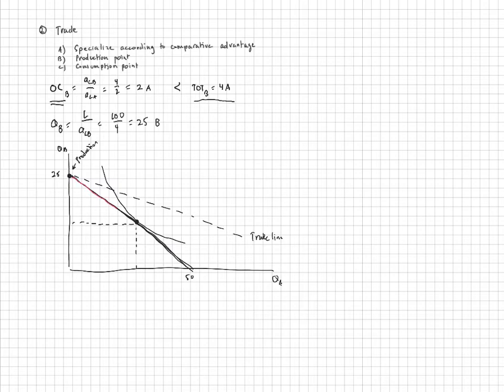So we know that if you trade according to the terms of trade, you should be able to get to a point where you have more of either good A or good B or both. And the question is, where on that trade line we would like to be. So that's what I'm going to try to solve right now. The first thing we have to do is, of course, maximize our utility.